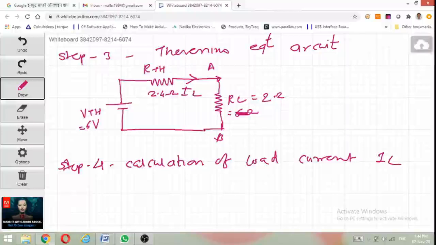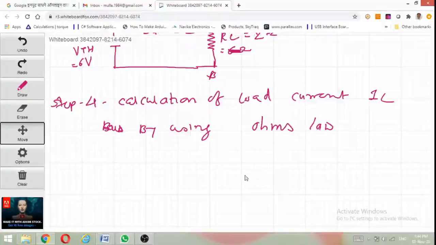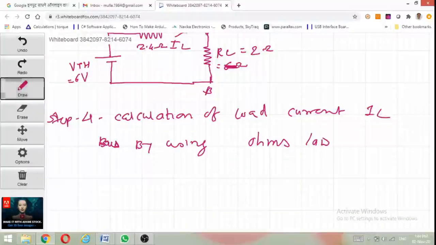Okay, and by using Ohm's law, V is equal to IR.